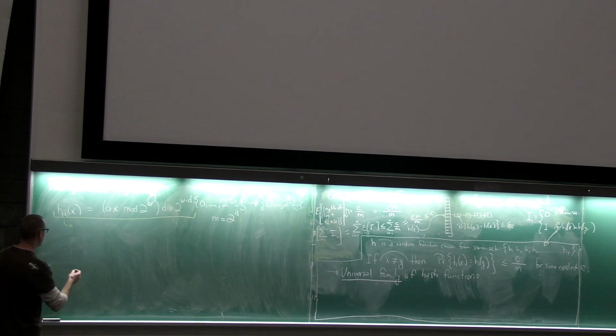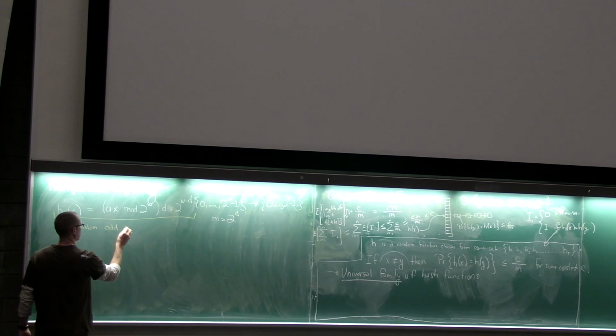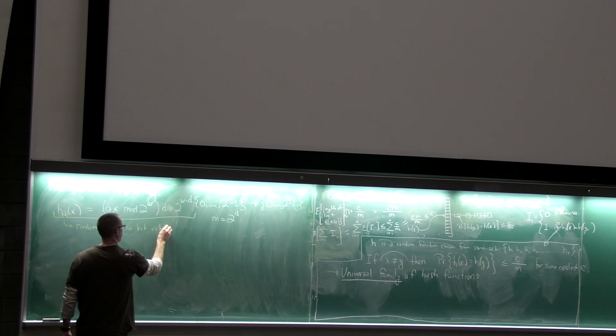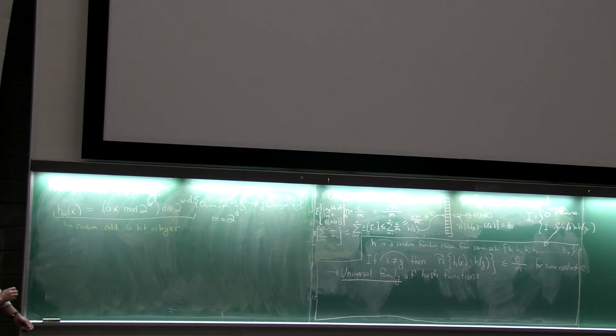So you choose different values of a here, and a is chosen to be a random odd w-bit integer. All right. So that's the family of hash functions.